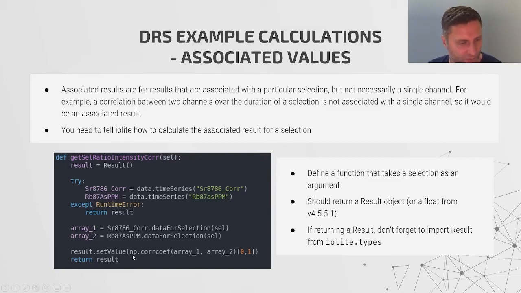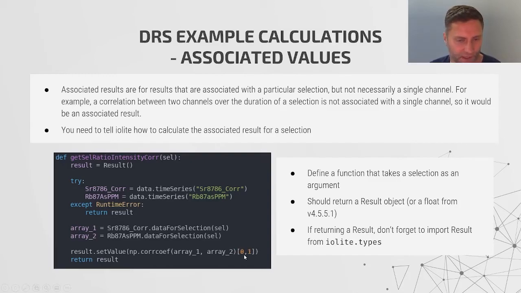And then we can use this NumPy corrcoef, which is our correlation coefficient calculation function. It takes two arrays and calculates the correlation coefficient for those two. Now it actually returns a matrix that will have 2 columns and 2 rows, and we just really want the top right value.